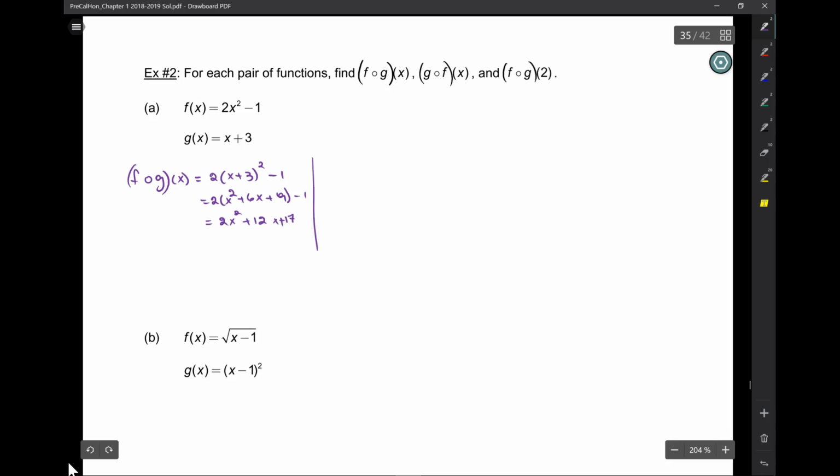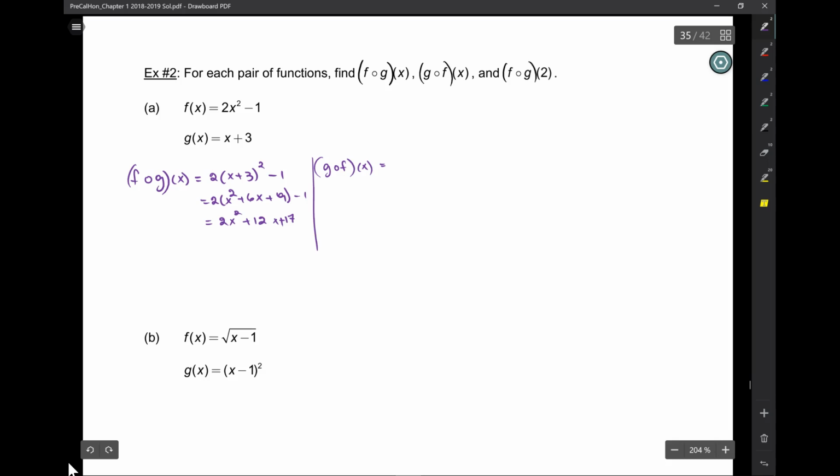And then, for g of f of x, any questions on that, by the way? So you replace it. Okay, so for g of f of x, you're going to put f inside of g.